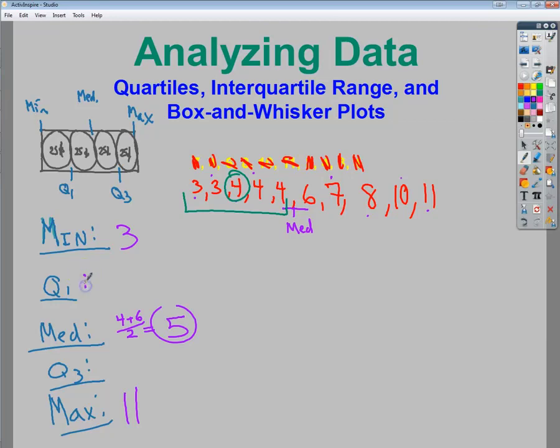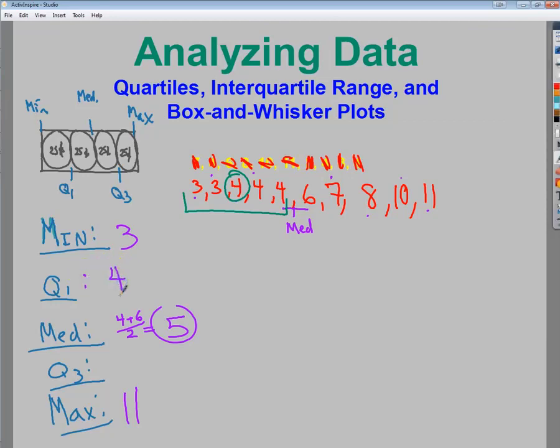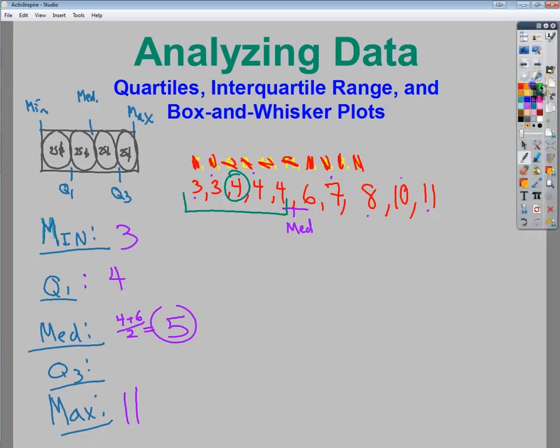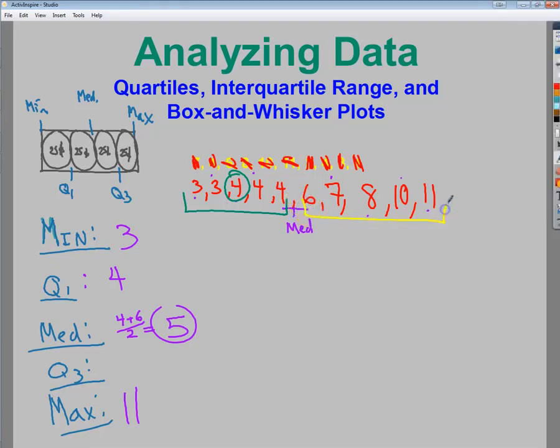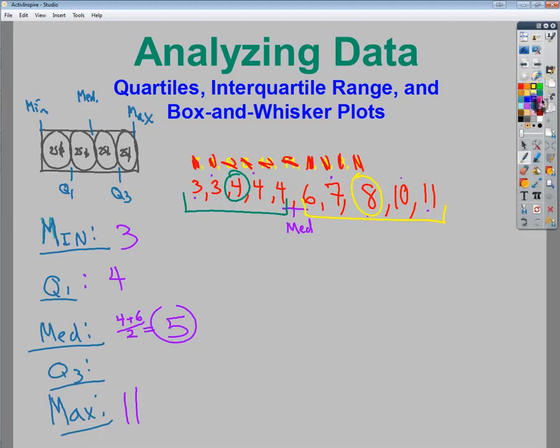But the Q1 here is 4, because it's the median value of that first set, the first 2 quarters. On the other side, if I'm dealing with this set, the top half, so to speak, I want to find the median there. It's the 8. So I would say that my Q3 value is 8.